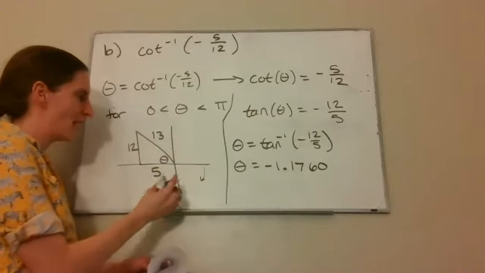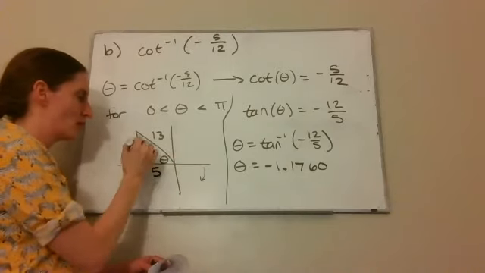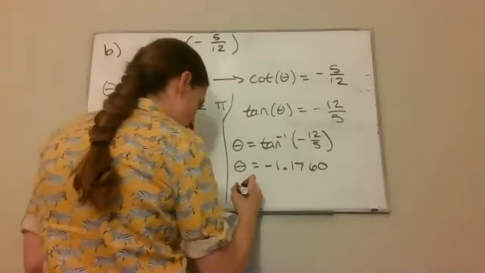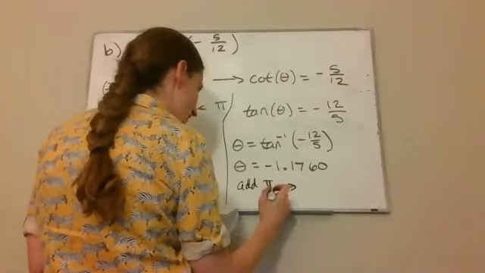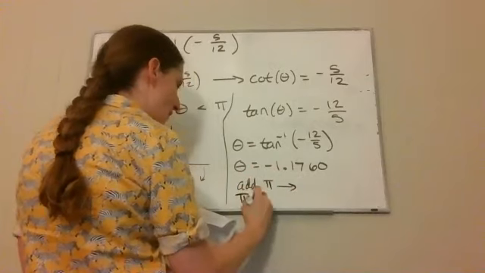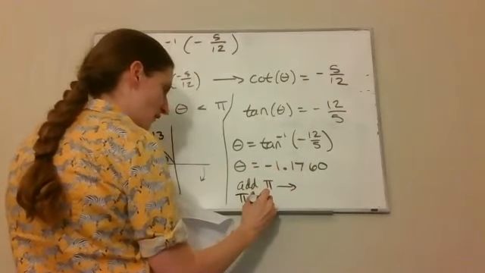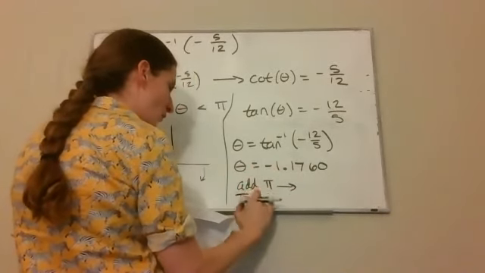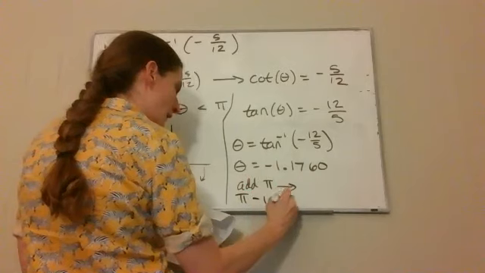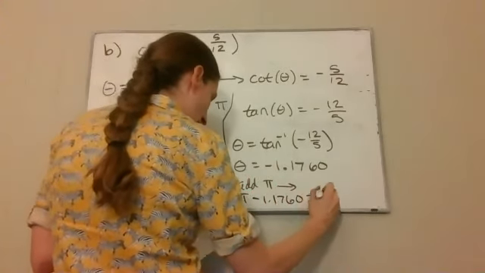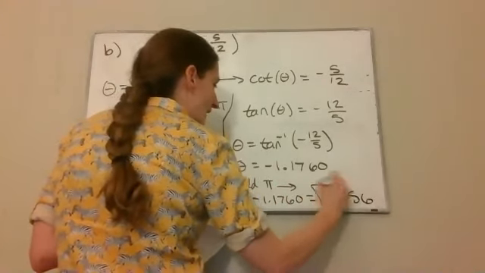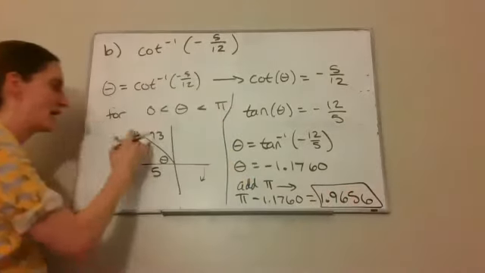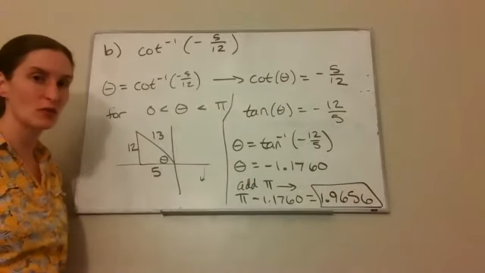Well, if we add pi to it, it will flip it over to quadrant 2. So add pi to get the correct result, and we get pi plus our -1.1760 is equal to about 1.9656 radians. And that will put me back up here in quadrant 2 where I need to be.